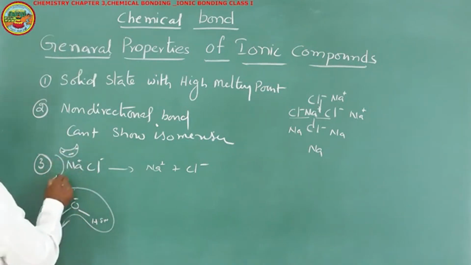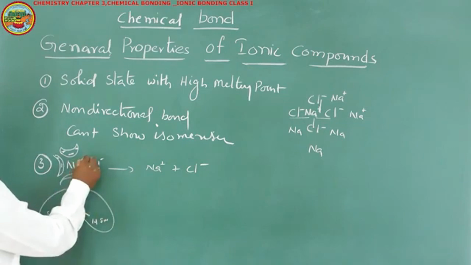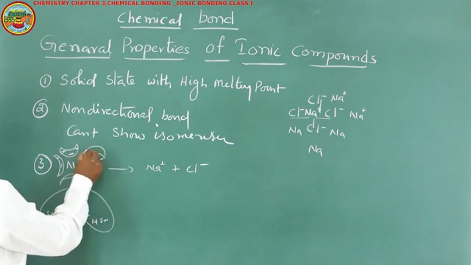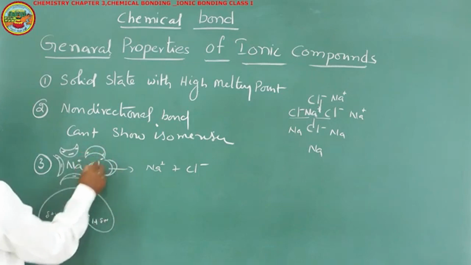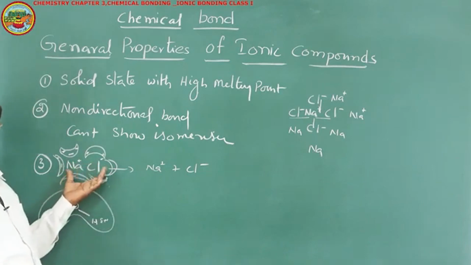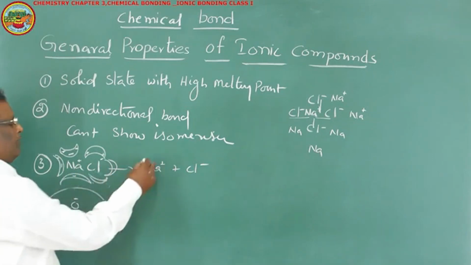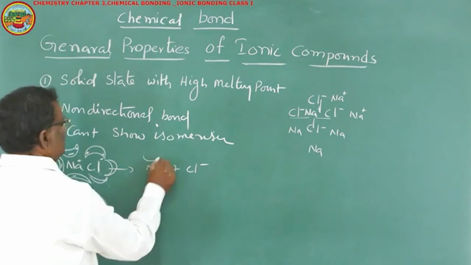So water molecules will surround the Na plus ion like this, so that the negatively charged end is closer to sodium. And on the chlorine side, the positive end will be close to chlorine like this. Because of this, the bond between sodium and chlorine will weaken and it ionizes as two separate ions. These ions are surrounded by water molecules.